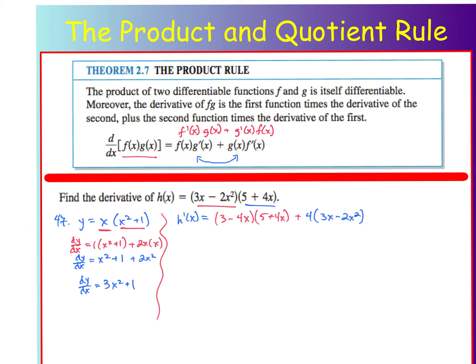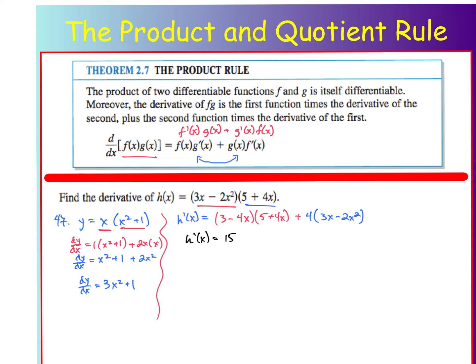And so now, sometimes we actually leave it like that because we're going to use it. All right. But on this one, we're going to simplify it. So on this part, the red part, I'm going to FOIL. So what's my first? 15. What's my outer? 12x.